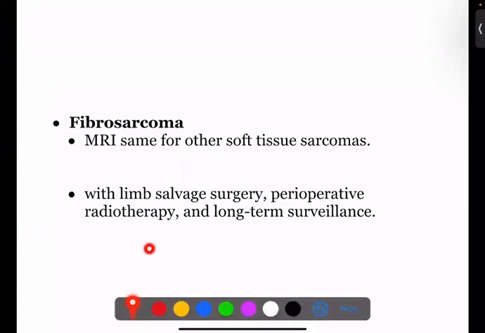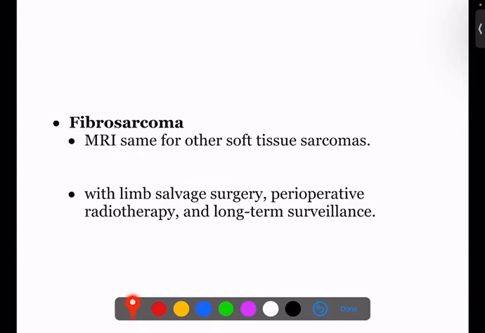Like fibrosarcoma. Again, MRI is the same as for any other sarcomas, which is low T1, high T2. As for the amount of homogeneity or heterogeneity, the more homogeneous it is, the more likely it is to be less aggressive, even if it's a sarcoma, okay?